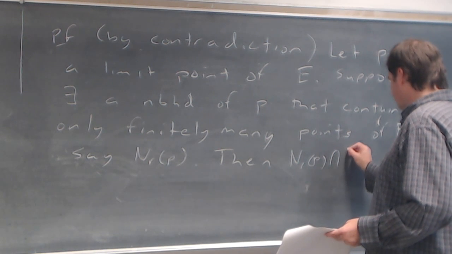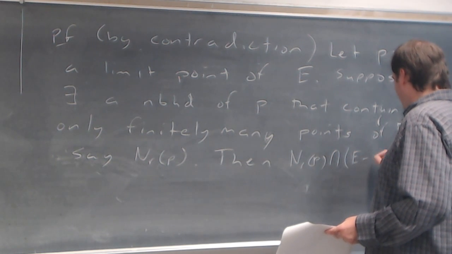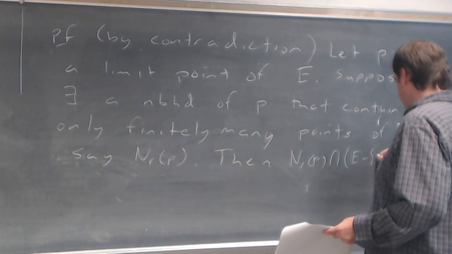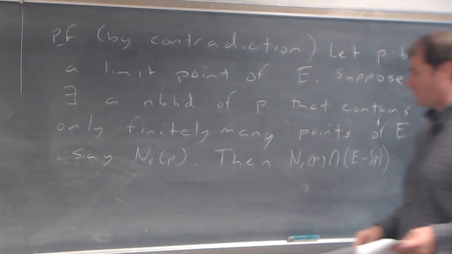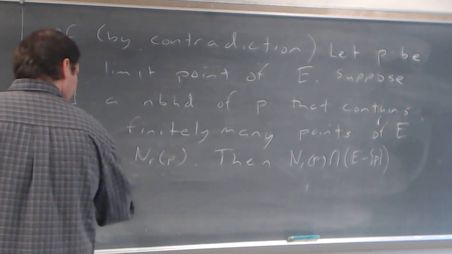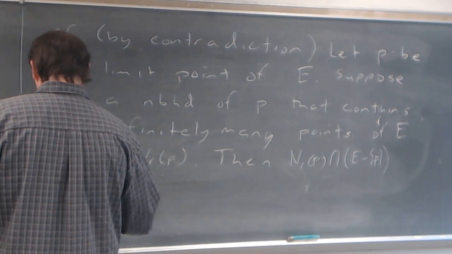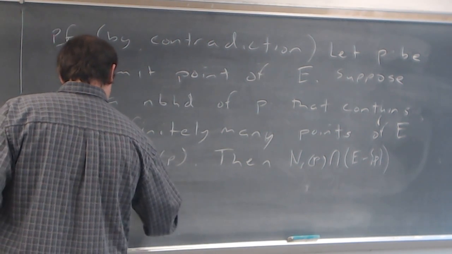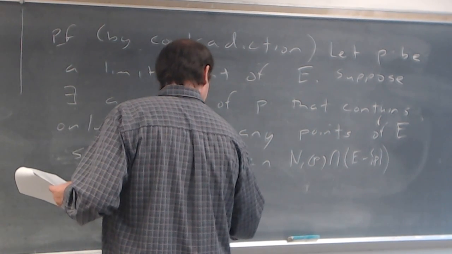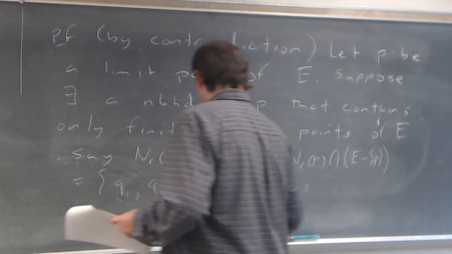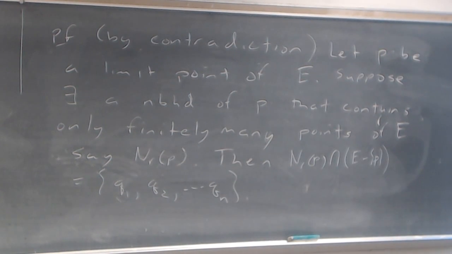So let's intersect it not with just E, but with E minus the set that contains P as well. So it's going to have only finitely many points. And let's call those points Q1, Q2, up to Qn. Okay?